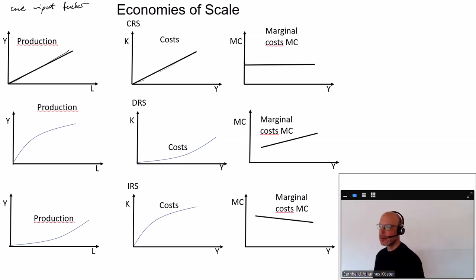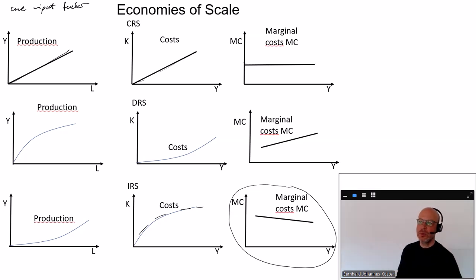So a convex production function is translated into a concave cost function. And this, of course, the slope is a decreasing function, will be then translated into a falling marginal cost function, and especially this one we will later on use.